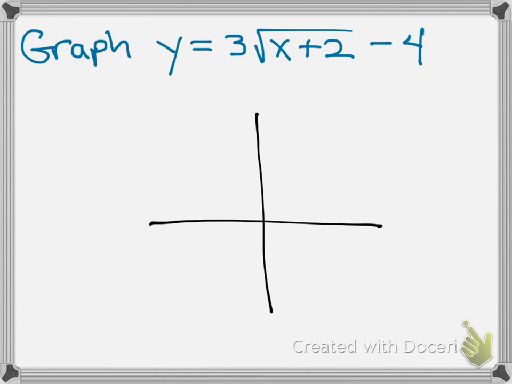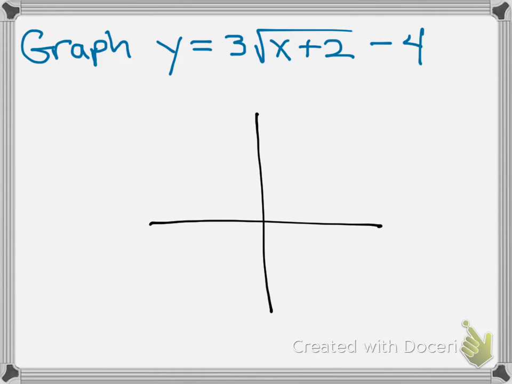Okay, let's do a few examples. Let's say that we want to graph this function, 3 times the square root of x plus 2, minus 4. So you need to be thinking back to those transformation ideas that we talked about earlier in the year, so we can see what's going on here.